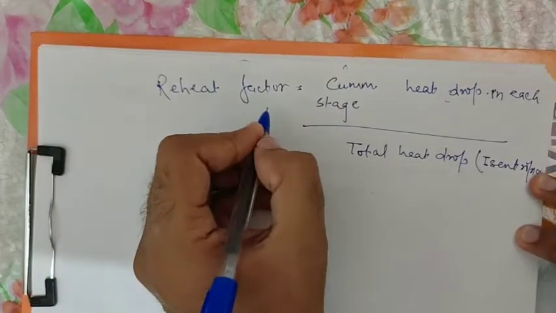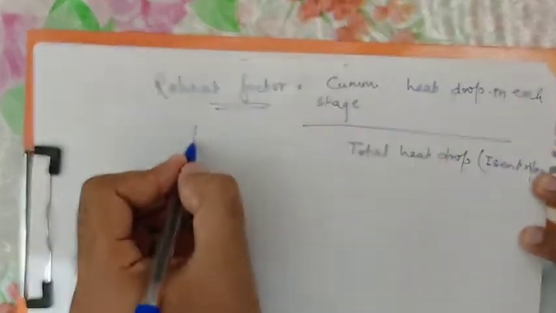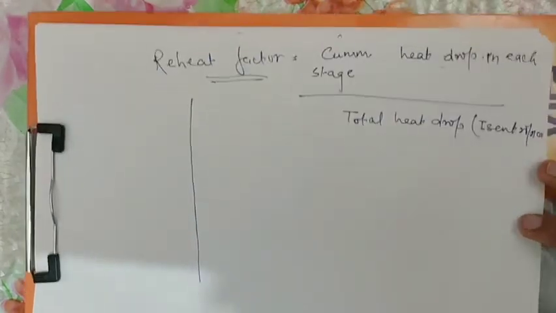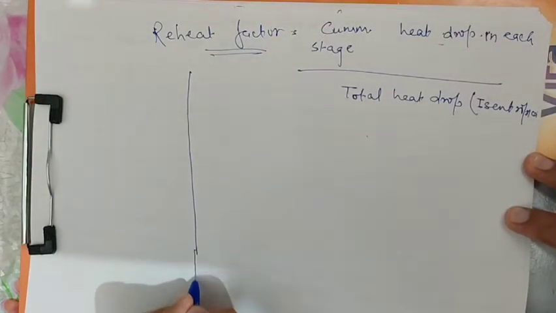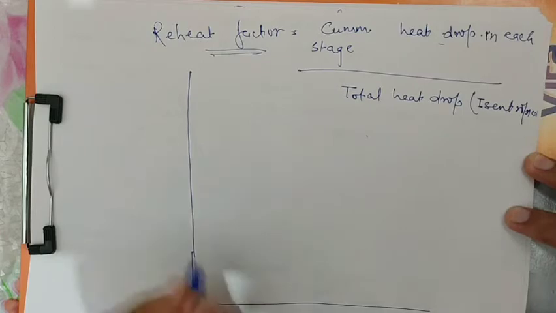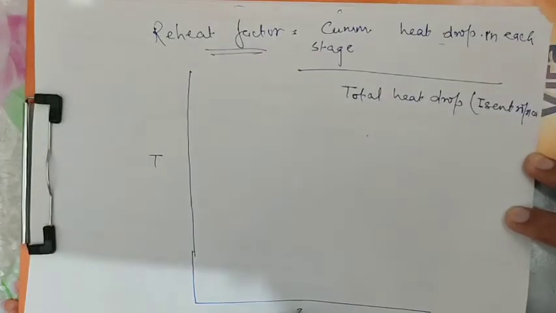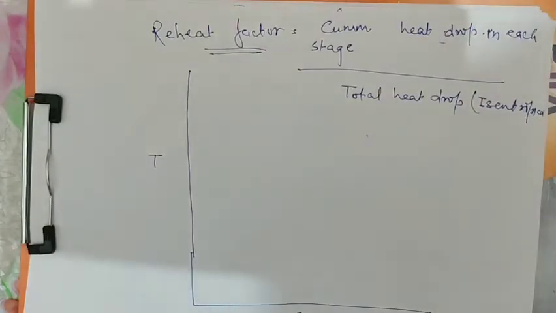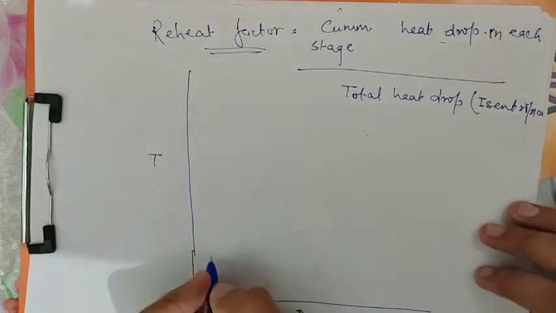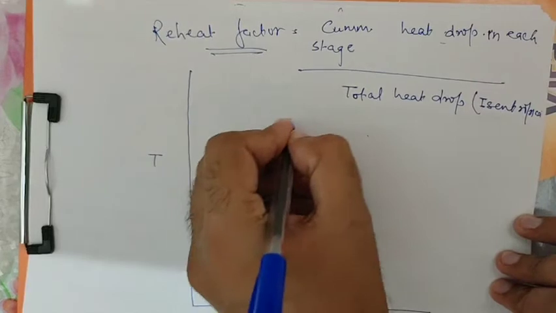So for this, we again take a TS diagram. This is T and this is S, and this is the saturation curve.